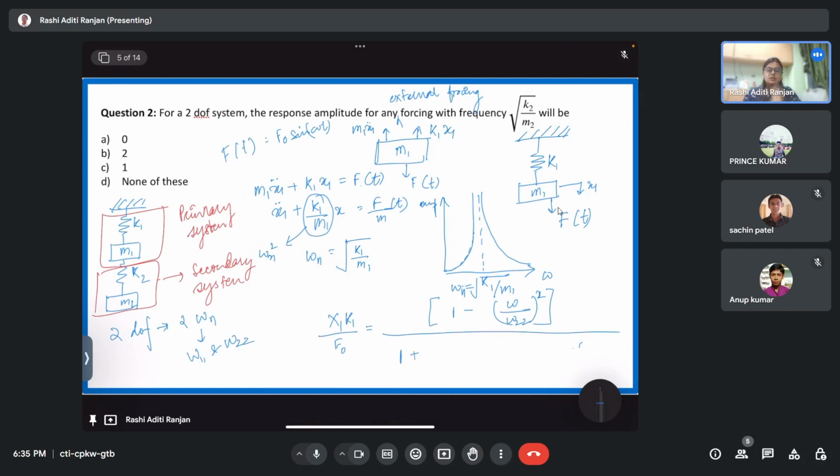There you will get this. k2 by k1 minus (omega by omega 11) square into (1 minus (omega by omega 22) whole square) minus k2 by k1.